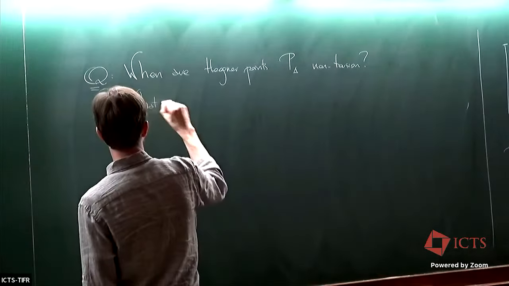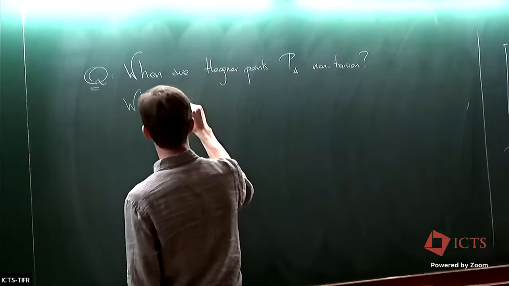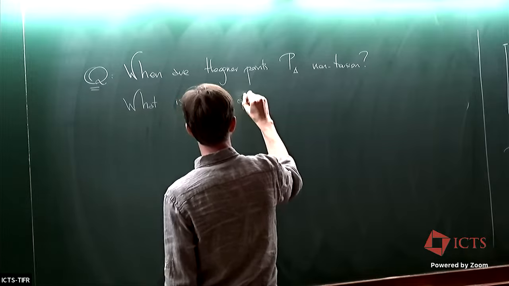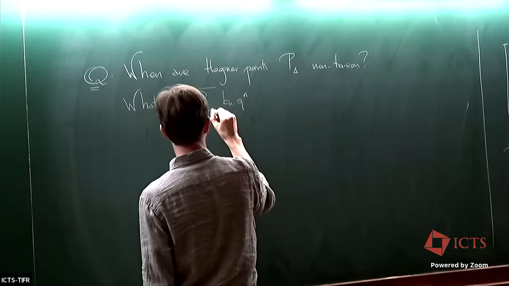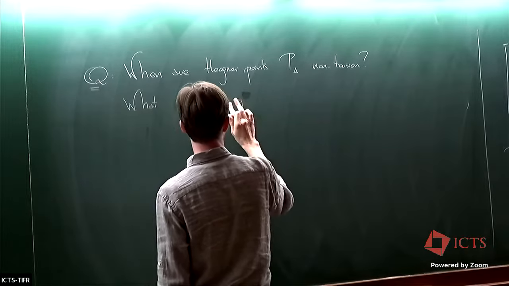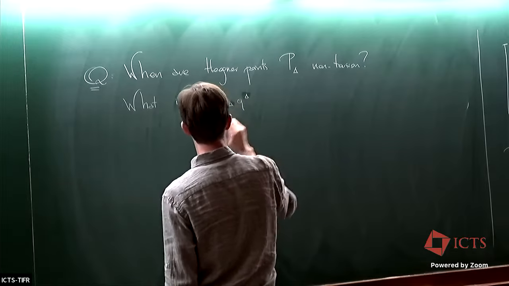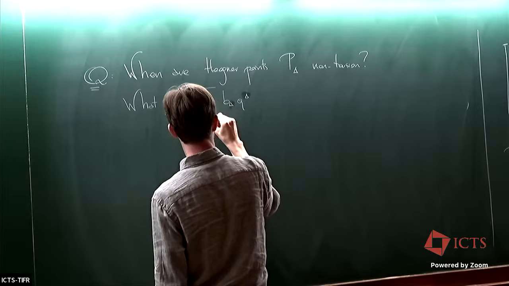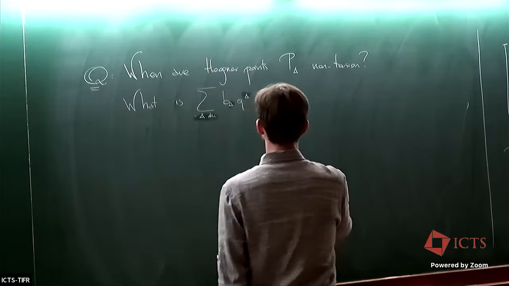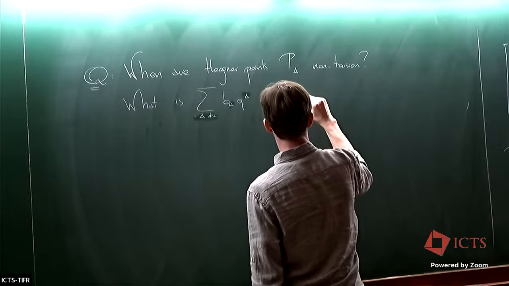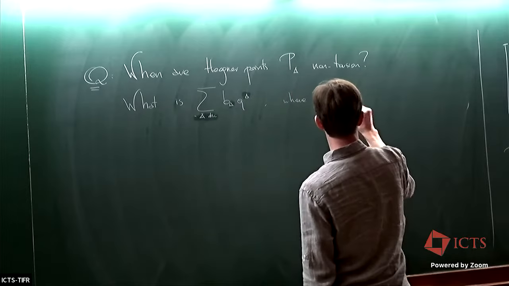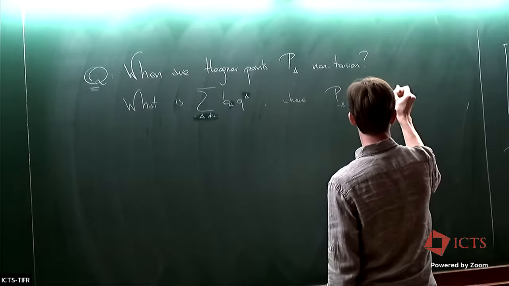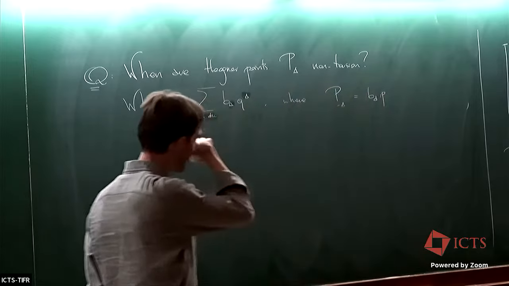In other words, another way of phrasing that is, what is the sum of B delta q to the delta, where minus delta is a discriminant, where this P minus delta is the multiple of the generator that you get.